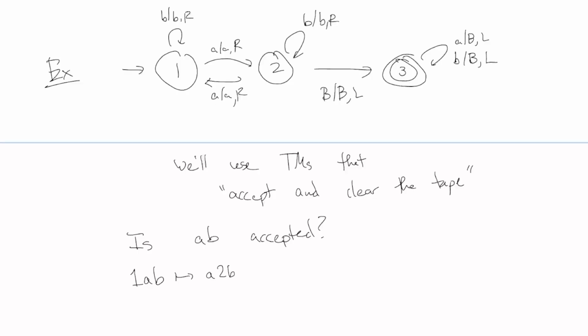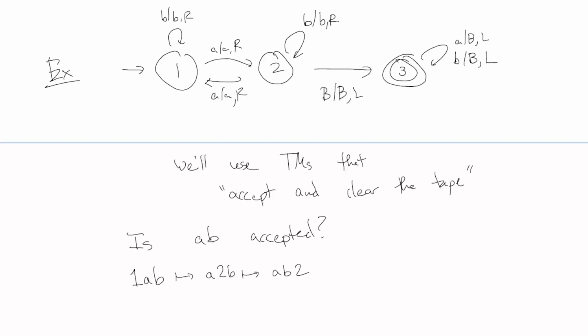Now in state 2, I see a B. B stays like it is. I stay in state 2, and the head moves to the right one more position. So the next step will say AB2.